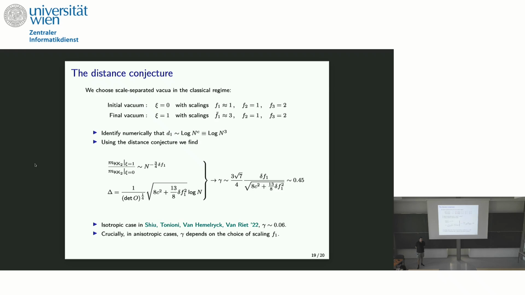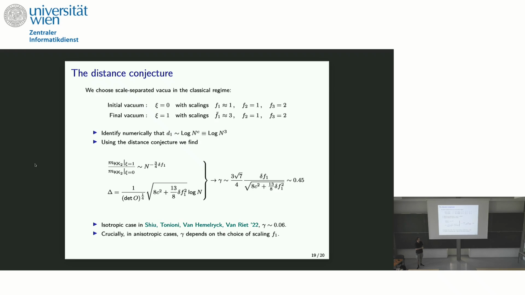My proposal here was that in the isotropic DGKT, we find it to be 0.06 or 7. When you add anisotropy, you can see that the value of gamma depends on the scalings, which is translated to the anisotropy.